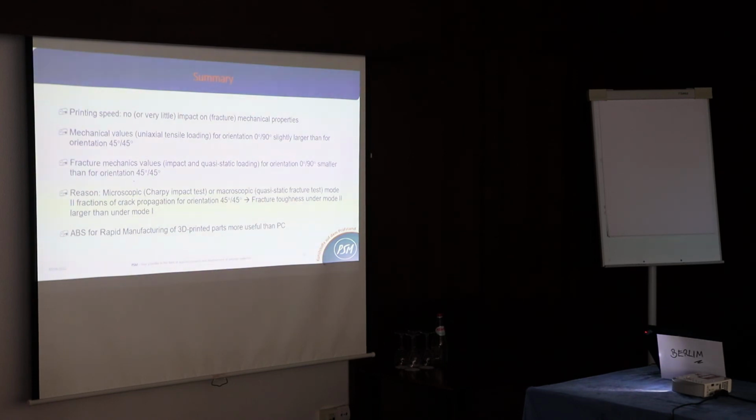The reasons, clearly as seen in the pictures and also in the digital image correlation, are a clear part of mode 2 contribution, and mode 2 gives a higher toughness value than mode 1. And clearly we found that ABS is very, very useful after a homologation process, much more than compared to PC, and I think also more than PLA for such practical applications.